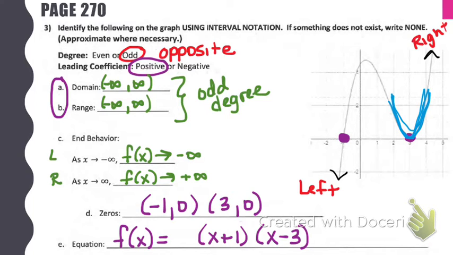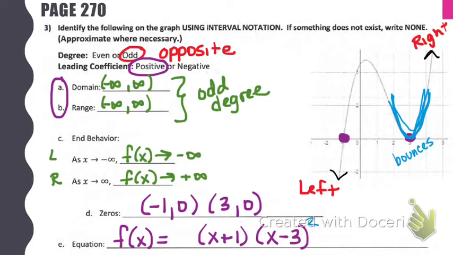A parabola. So what that tells me is on this factor right here, we have to put a square on it. Because it bounces, it doesn't go through. So if it bounces, then we have to square the factor.